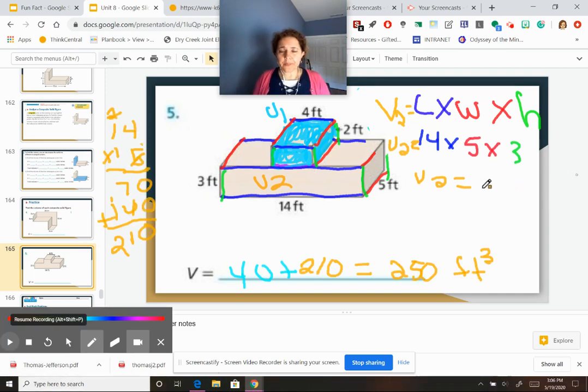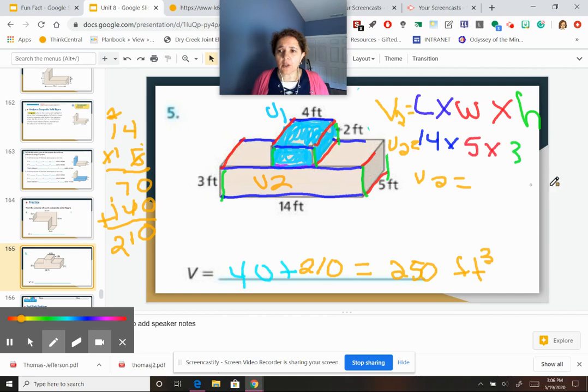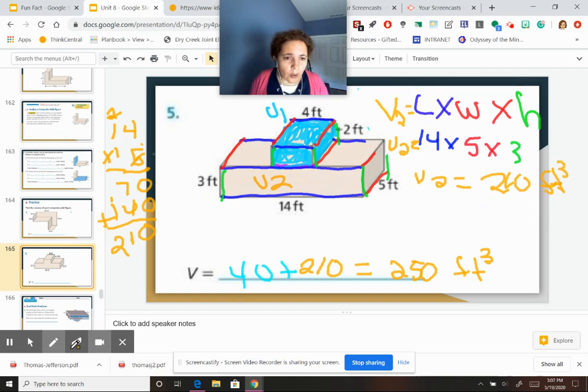Okay, so if you got 210 cubic feet, you would be correct. So I did 14 times 15. Oh, there it goes. 210 cubic feet. Sorry, boys and girls, this is really hard to write with my mouse.